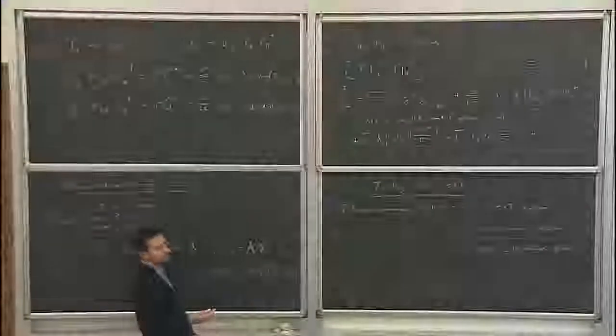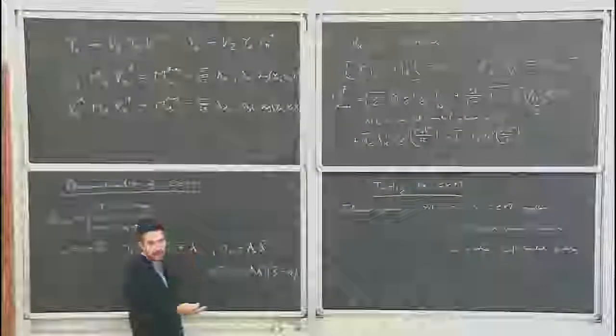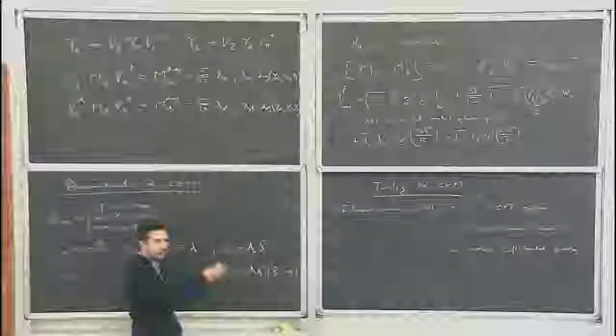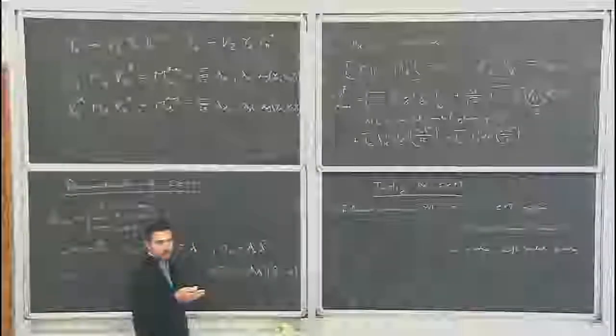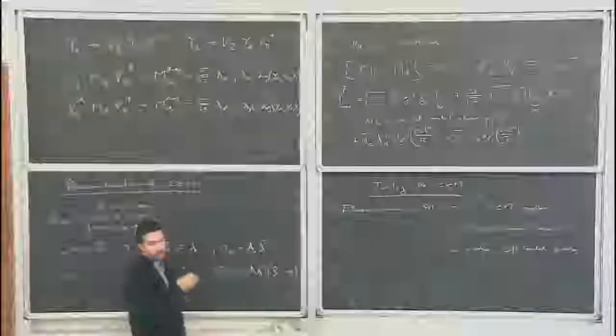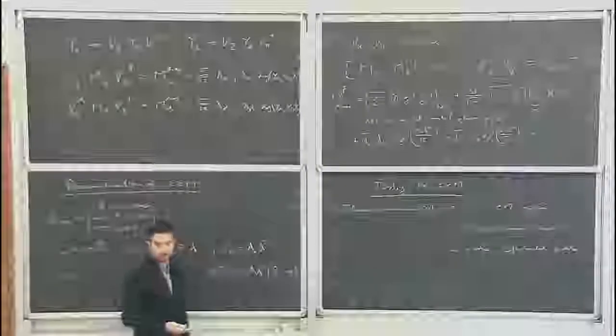Once you have this identification, you can systematically expand in lambda, and to each order in lambda, this parameterization will remain unitary, which is important.